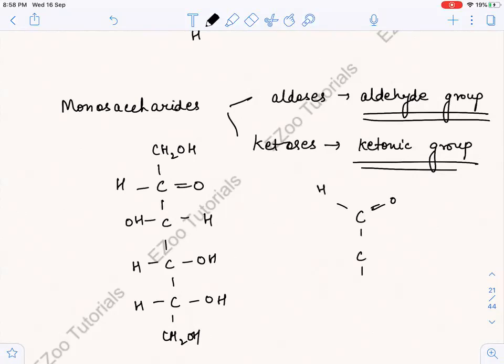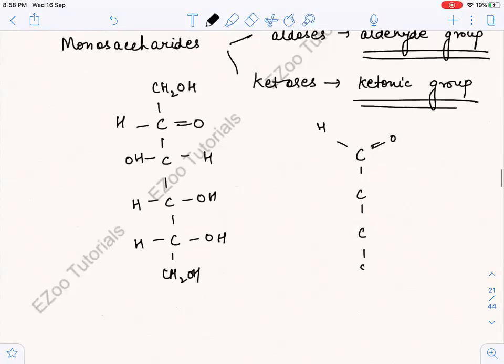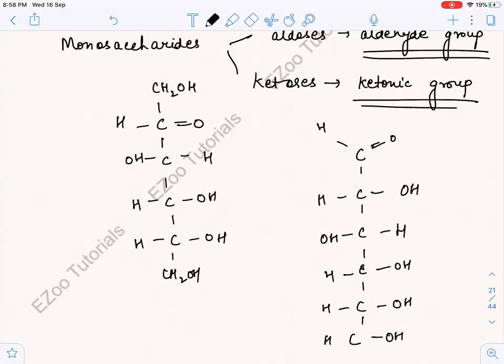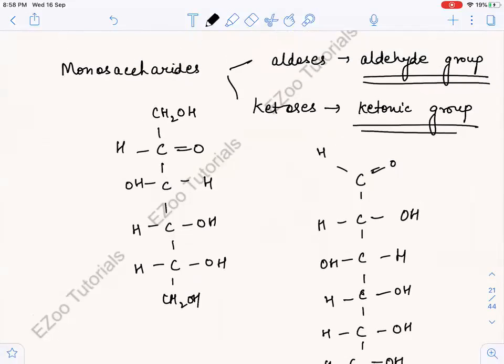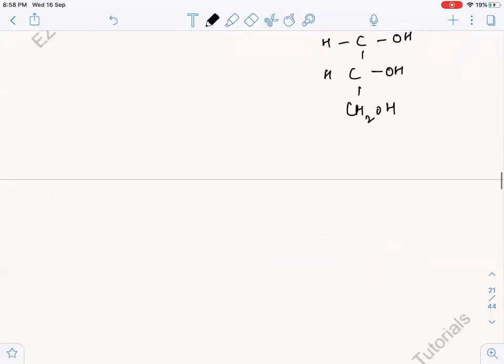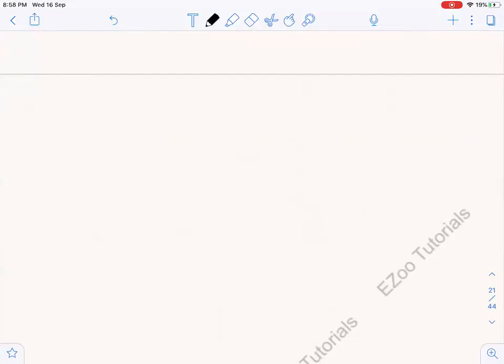Right? So easy. So just add H and OH. Okay, chemistry is fun. I don't know why you kids don't like chemistry. This is fun. Okay, we get this, right? So this is the aldehyde group and this is the ketonic group, right? Got it? Very easy.